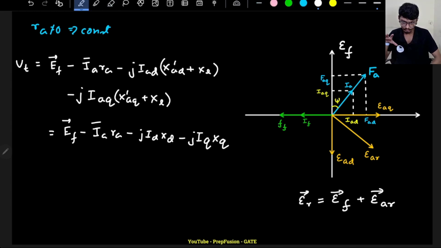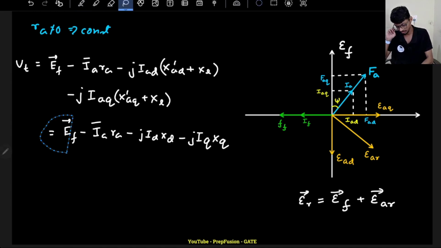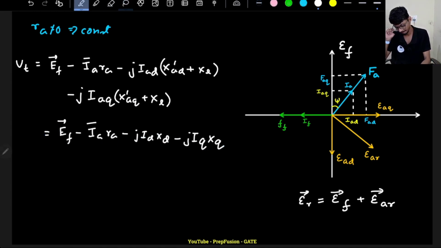Okay, so yeah, now can I write the phasor?